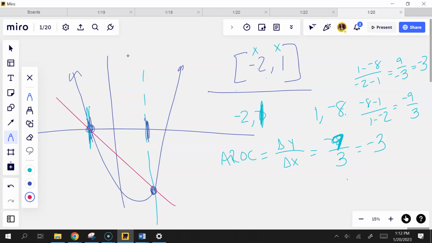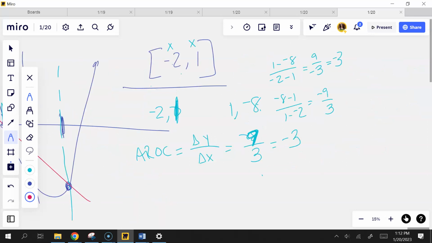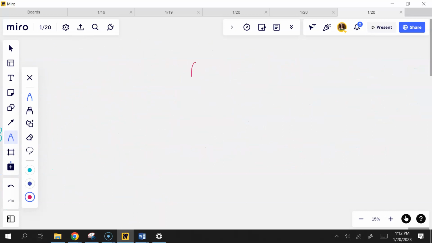Do 8. All right, so number 8, from 0 to 4. So 0, what point is at 0? 1, 2, 3, 4, 5, 6, 7. -7. What point is at 4? 1.